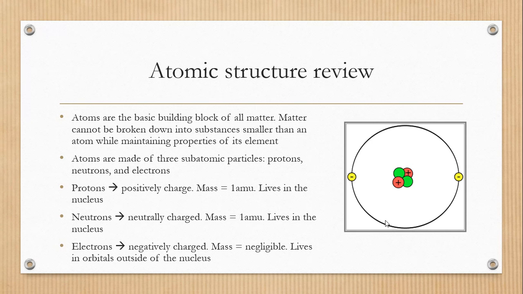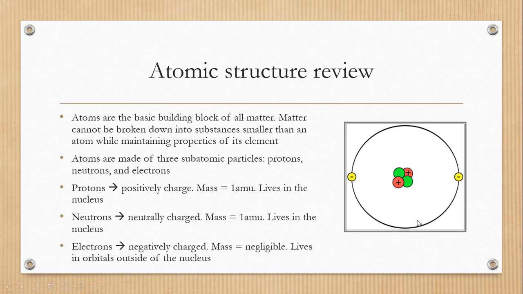Last but not least, we have electrons. Electrons are negatively charged. Their mass is negligible, meaning we don't really count that into the atomic mass number because they're so small that we just don't care. They do have a mass, but it's so tiny. Electrons live in the orbitals outside of the nucleus.